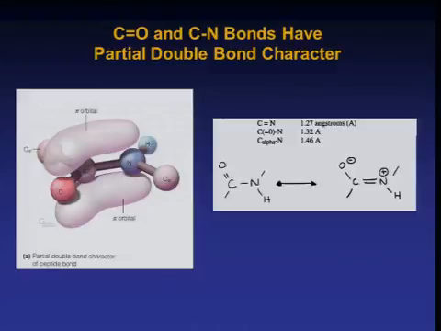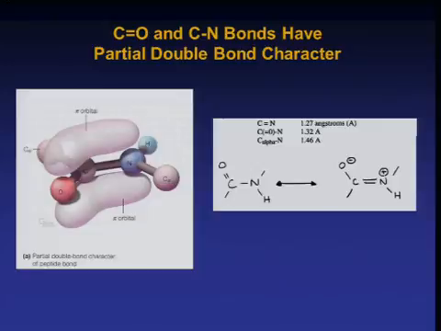Is nitrogen more electronegative than carbon? All right. It's not as electronegative as oxygen, but it has the ability to pull electrons this way. So in fact, if you have this carbon and you have a double bond here, these electrons can delocalize to some extent between the oxygen and the carbon and the nitrogen.